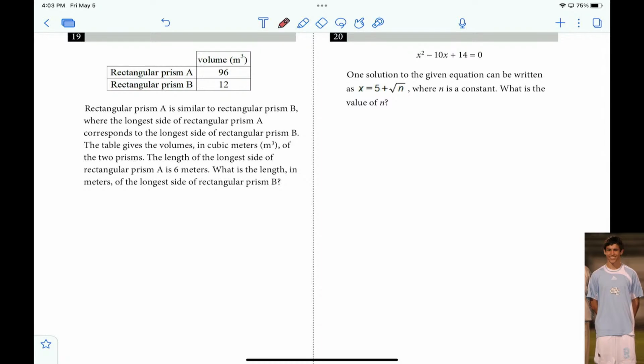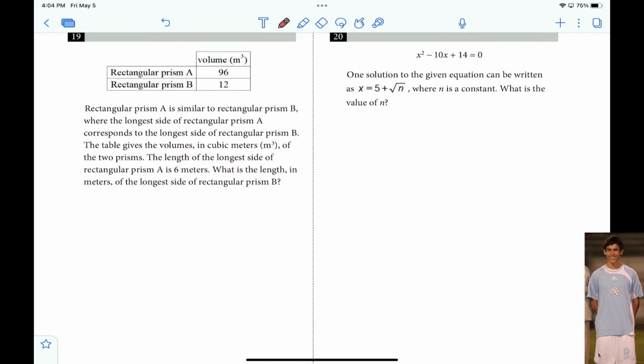So there is a factor that we multiply one rectangular prism by to get to the other. So some number, where the longest side of rectangular prism A corresponds to the longest side of rectangular prism B. Struggled reading that for a second.